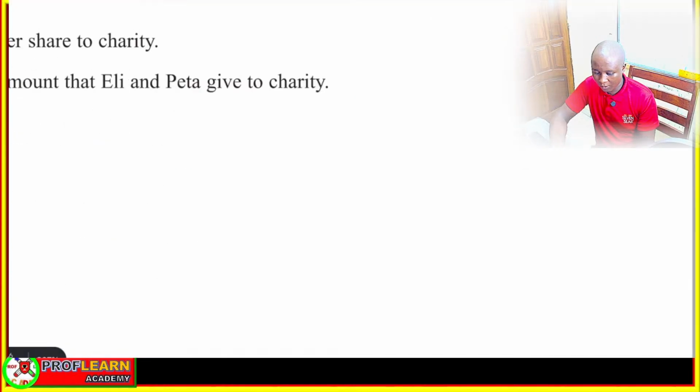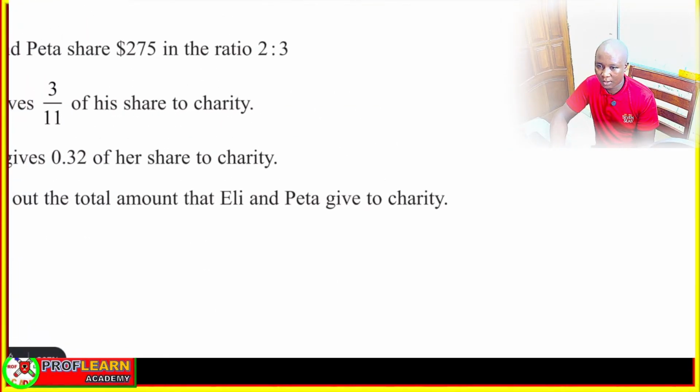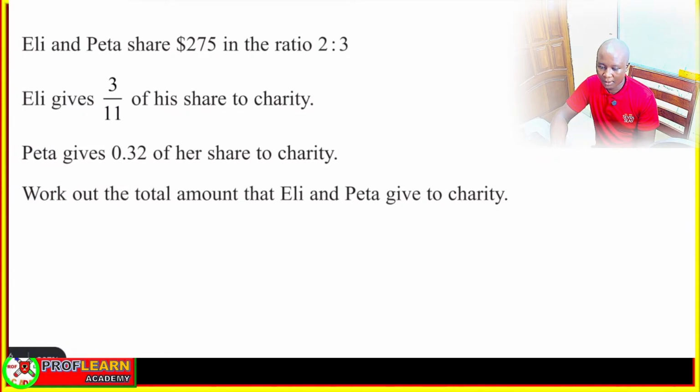You can also be given a question to do with ratios, fractions and percentages. But now in this case, we are told Ellie and Peter share 275 in a ratio of 2:3. So meaning that Ellie is going to get which amount? Ellie is going to get 275 times 2 over 5.